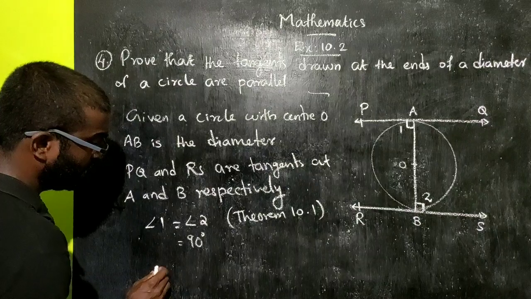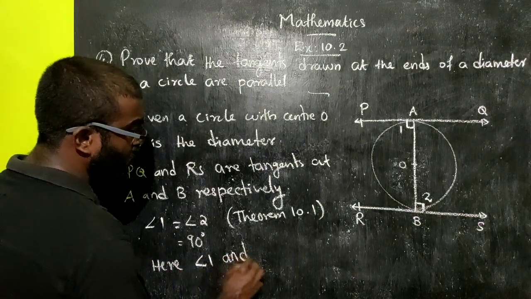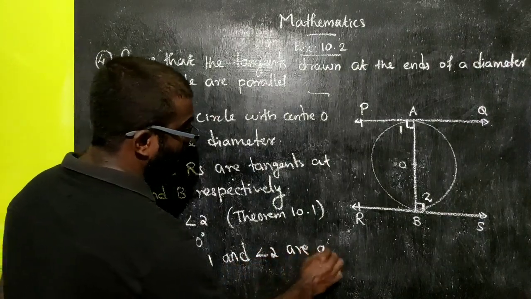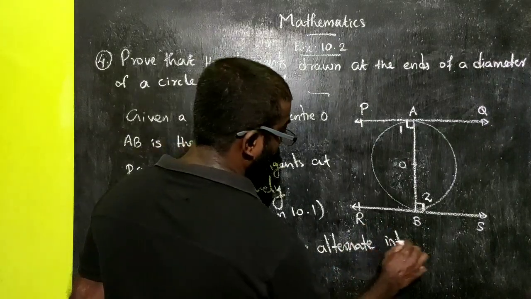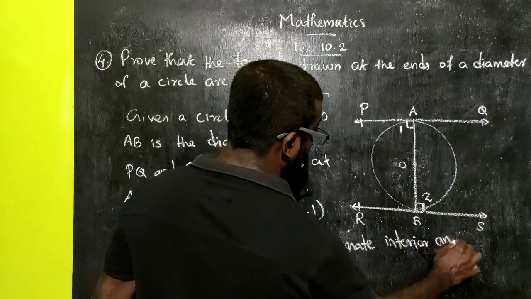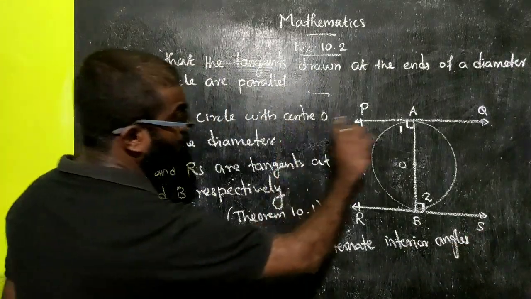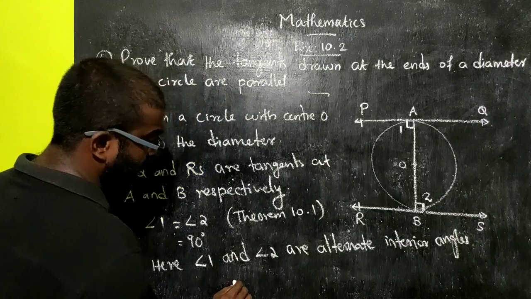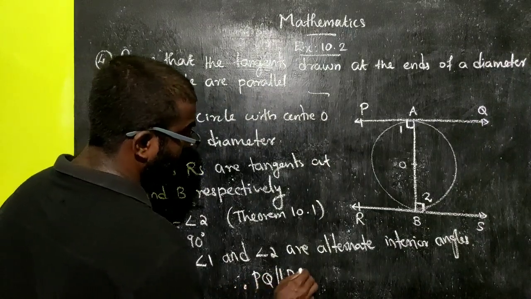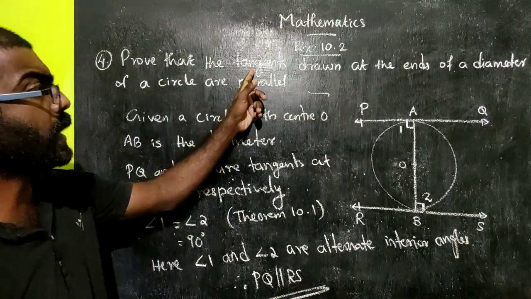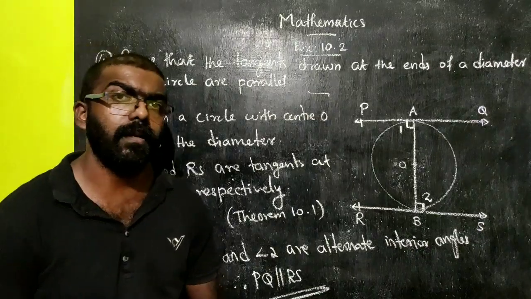Therefore, we can conclude here angle 1 and angle 2 are alternate interior angles, and they are equal. So we can say the lines PQ and RS are parallel. Therefore, PQ is parallel to RS. That means the tangents drawn at the ends of a diameter of a circle are parallel. Okay.